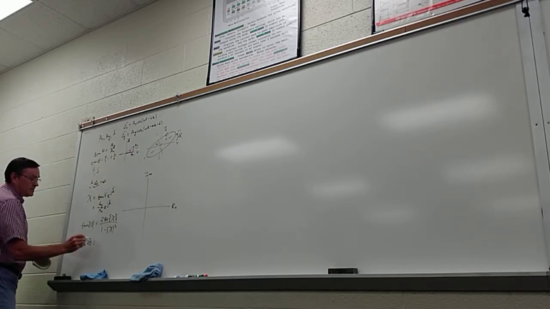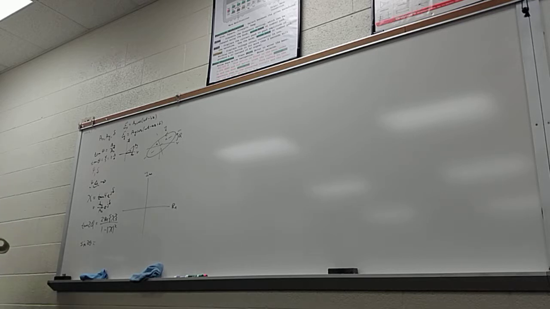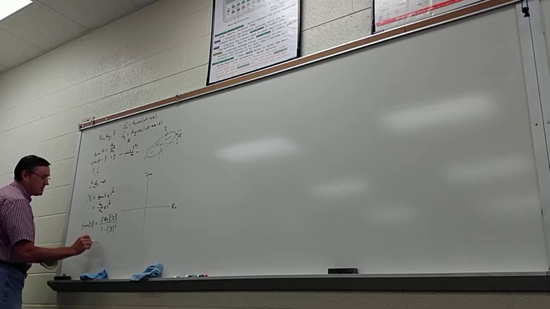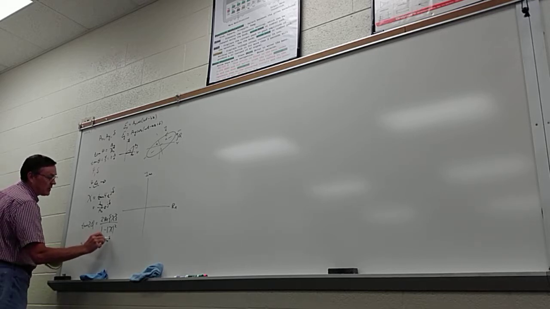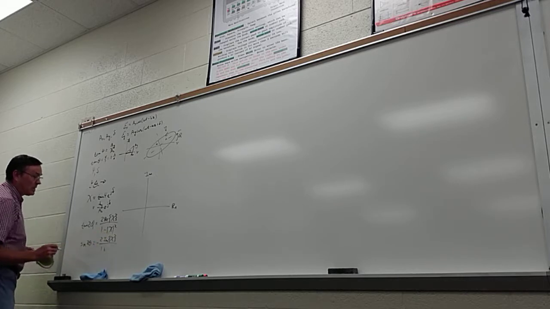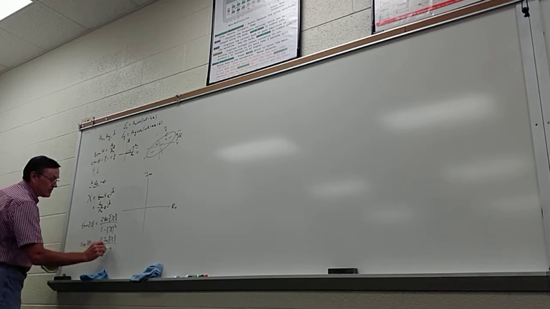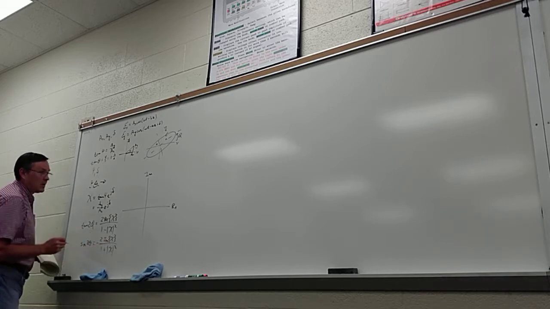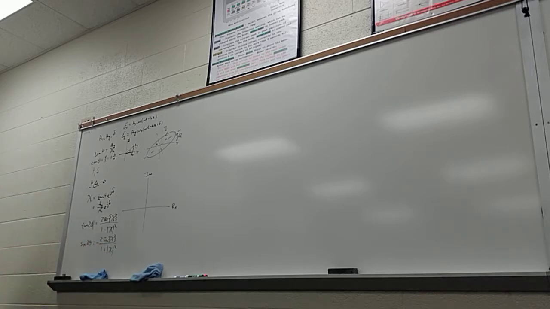So tangent of 2 times that ellipticity angle is minus 2 times the imaginary part of the complex number representation over 1 plus the magnitude squared. So we can go back and forth between the different representations.